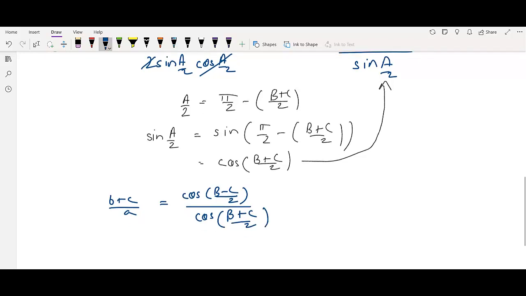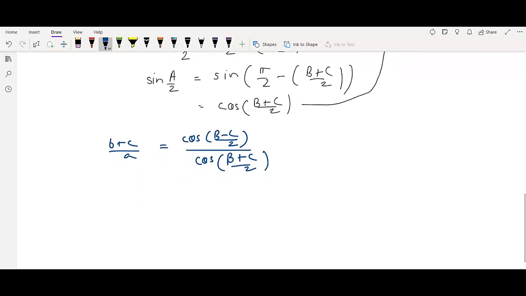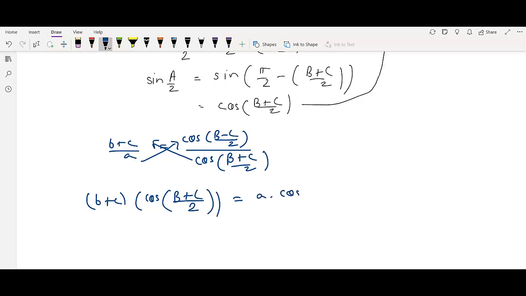Now I can do some rearranging. This term is in the denominator, so it goes to the numerator on the left hand side, and this a is in the denominator, so it goes to the numerator on the right hand side. So I get (b plus c) into cos of (b plus c) by 2, which equals a into cos of (b minus c) by 2.